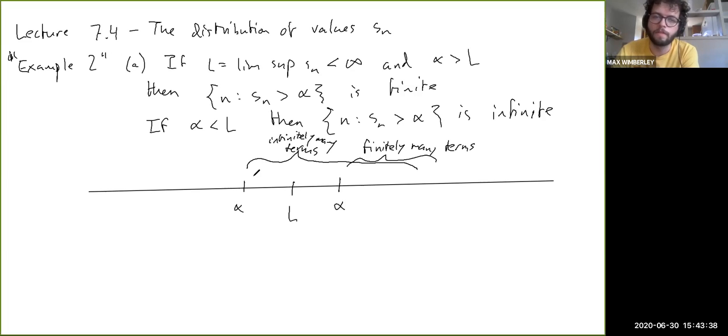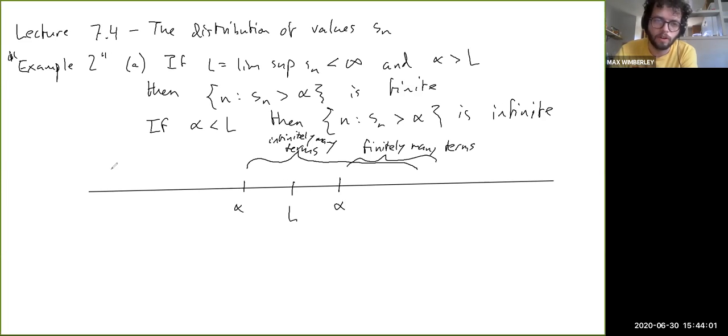So there have to be infinitely many terms here, because if there were only finitely many terms up here, then by moving past all of those finitely many terms in the sequence which are above this alpha, the rest of the terms after that point would all have to be less than or equal to alpha. But then clearly the lim sup of the sequence would have to be strictly less than L, which is not good.